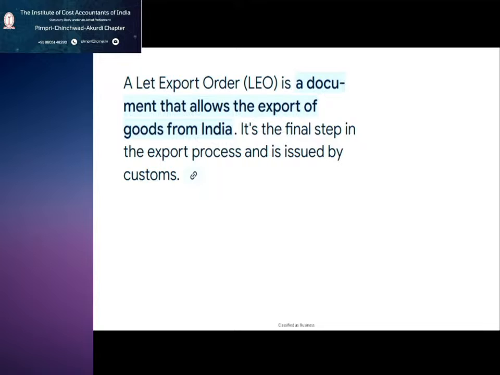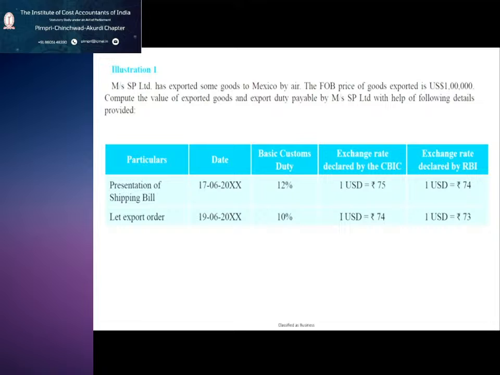So once they give the permission, once they sign this document, then we are ready to move from that harbor. So here we will start with the illustration, then we'll see where we are stuck.